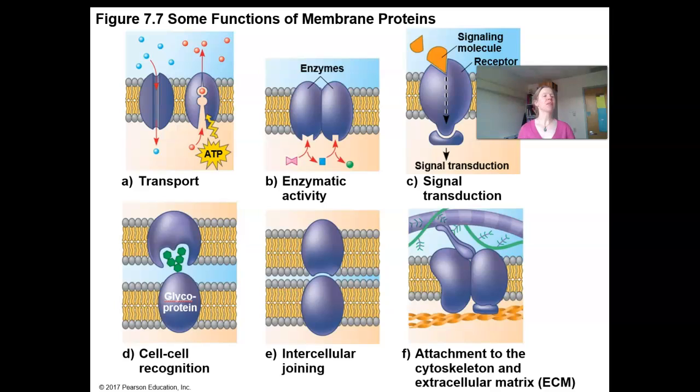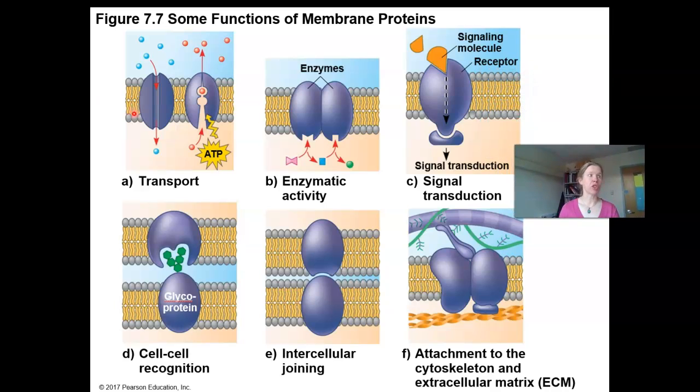Let's look at some of the functions here. So this is huge. Proteins play so many different roles in the cell membrane. For example, we are going to use proteins to transport a lot of the molecules across the cell membrane.